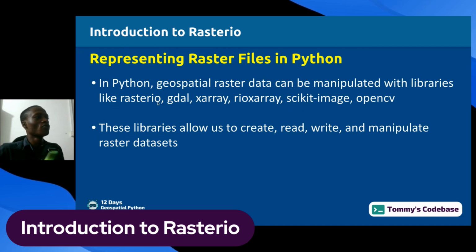They are really able to handle the raster data in terms of the numbers, because at the end of the day, the raster, you think of it like a big matrix, just a big matrix. So you just know how to manipulate the numbers. Okay, and there's also the open source computer vision library, which is also very powerful for handling images. And so these libraries will allow us to create, read, write, and manipulate our raster data sets.